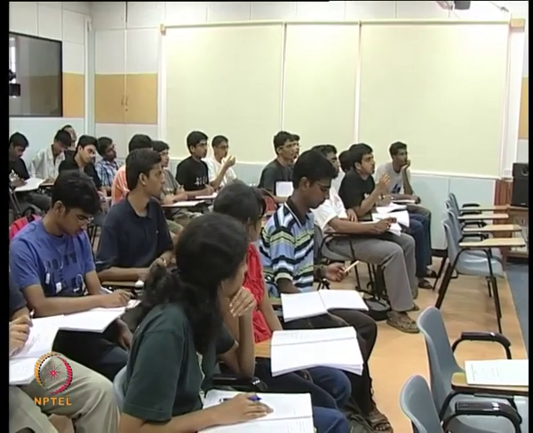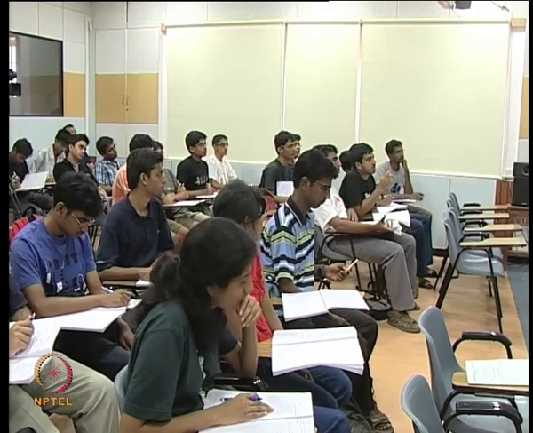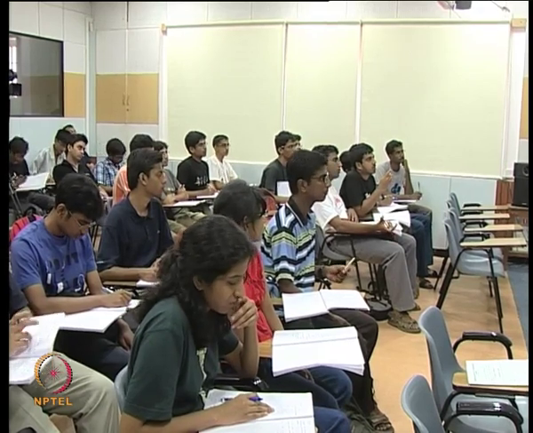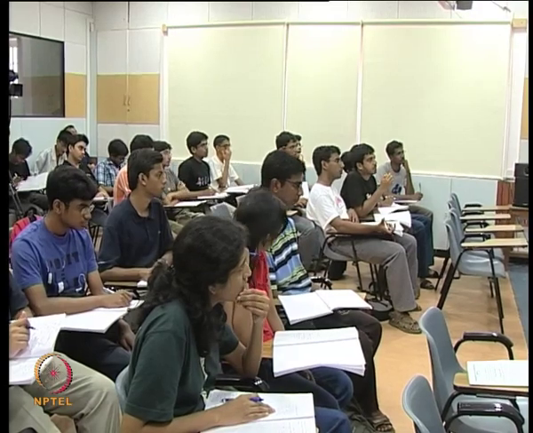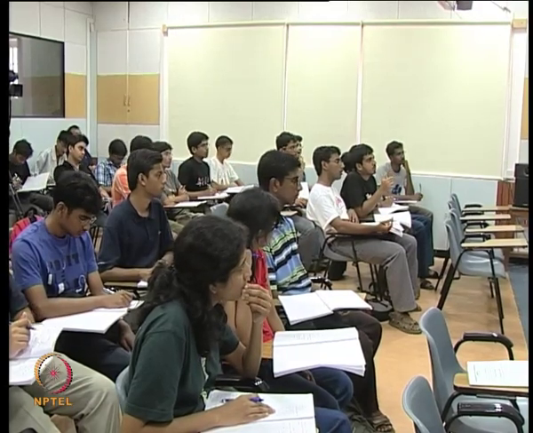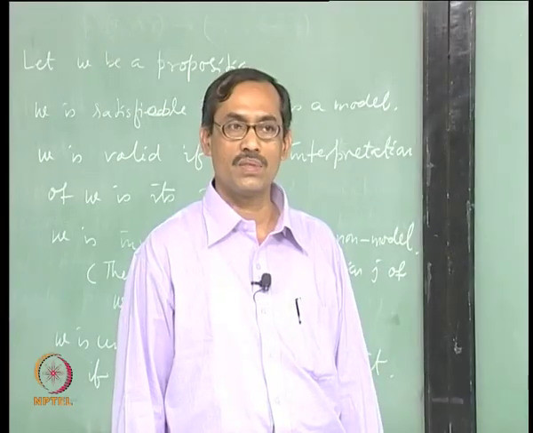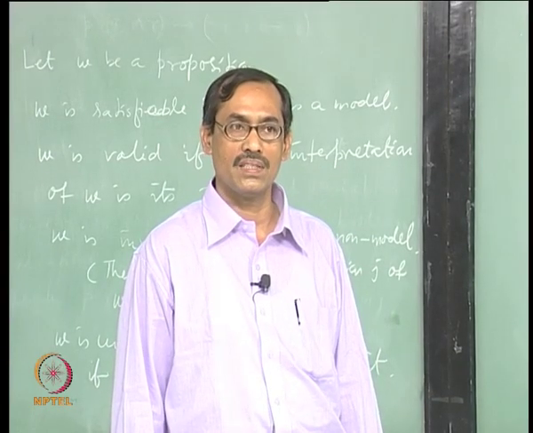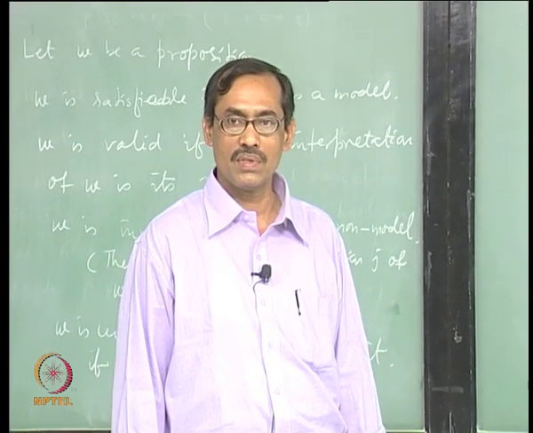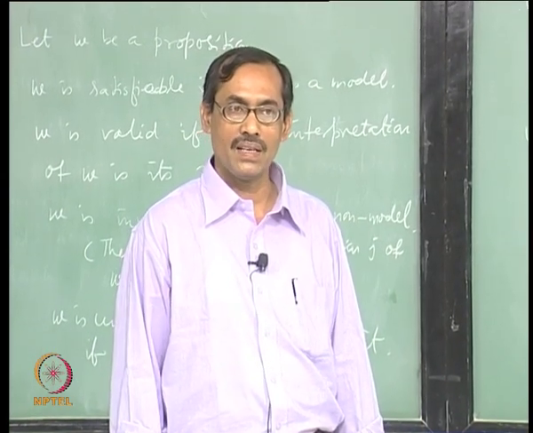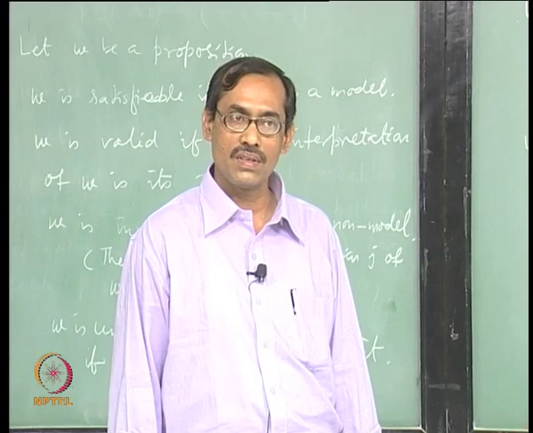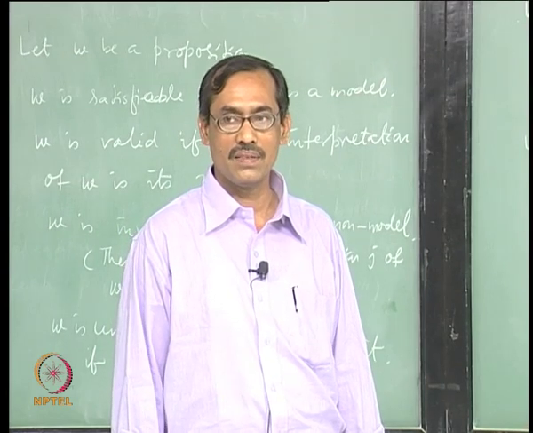Either both U and V are models or they are not for that interpretation, because U is equivalent to V, right. So, once it is a model of U, it has to be a model of V, it should not evaluate that as 0, it is not possible. Once it evaluates U to 1, it has to evaluate V to 1 also, fine, and conversely.